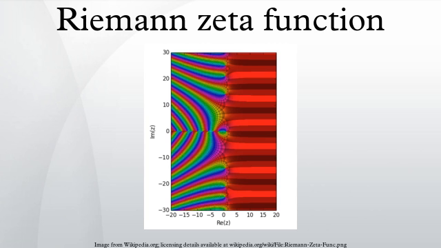Cvijović, Djurdje, Klinowski, Jacek. Integral representations of the Riemann zeta function for odd integer arguments. J. Comp. App.